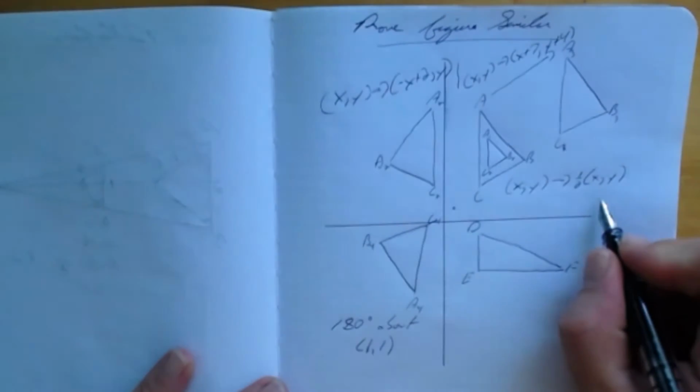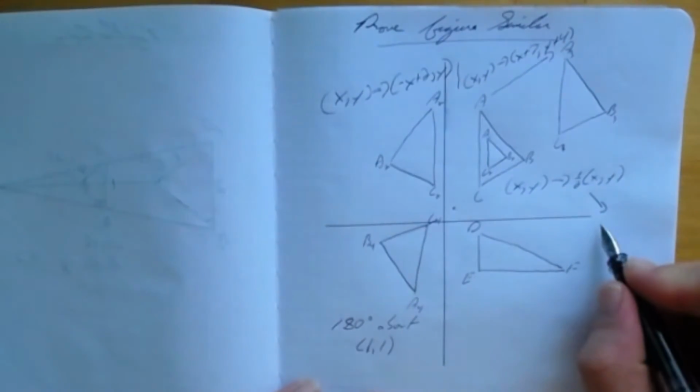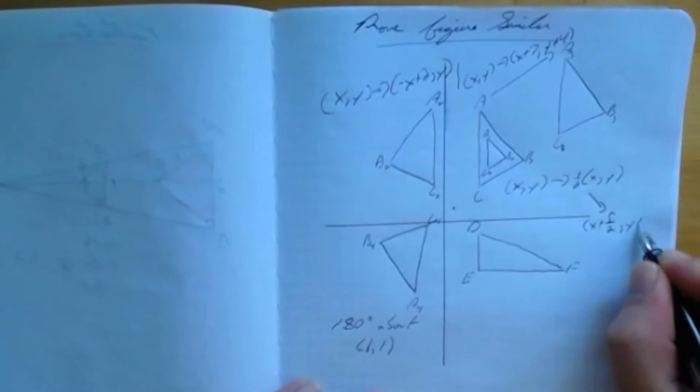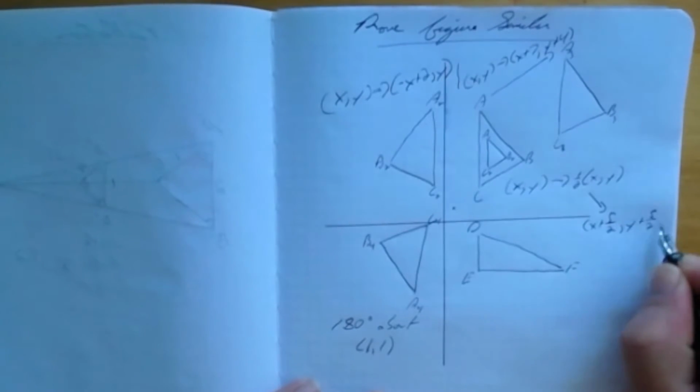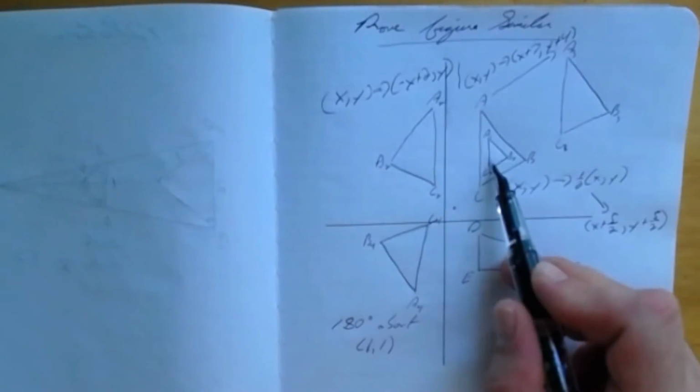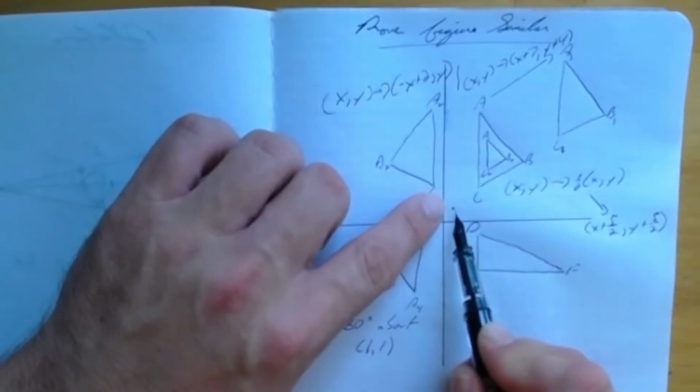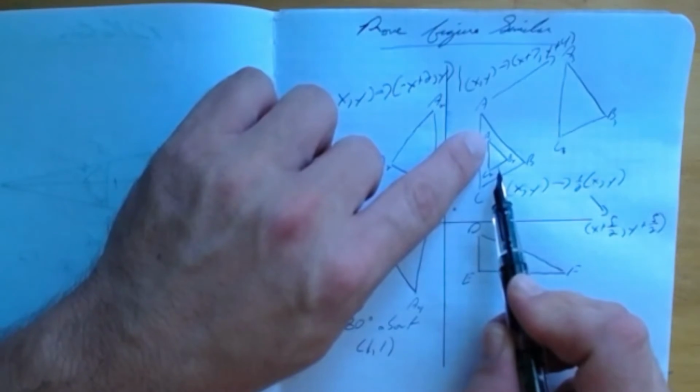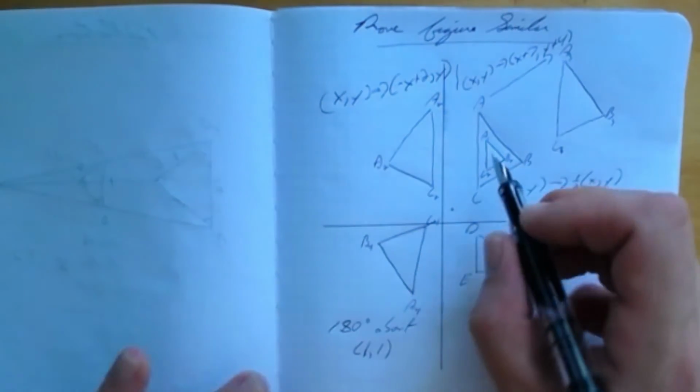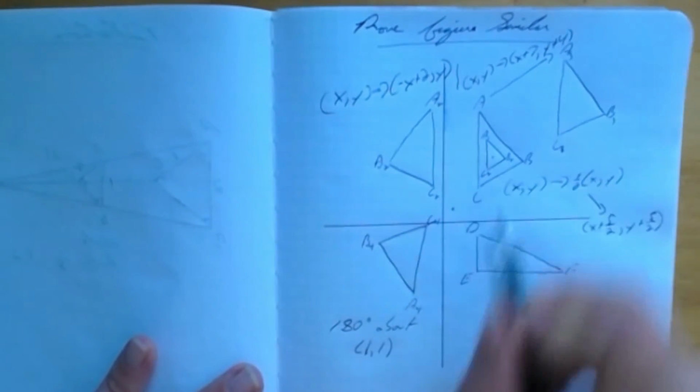But I happen to know that those spaces mean I get a second translation of X plus 2.5 or 5/2 and Y plus 2.5 or 5/2. So this is 2 translations because it shrinks it into here, but then moves it after. Even though we're shrinking about this point in the center, it's 2 translations in order to make that happen.